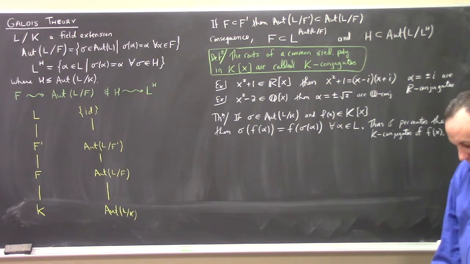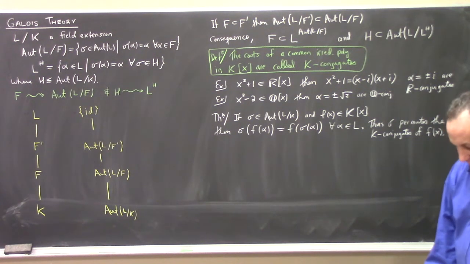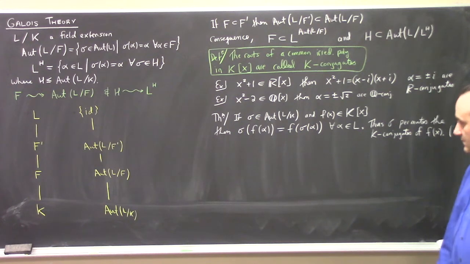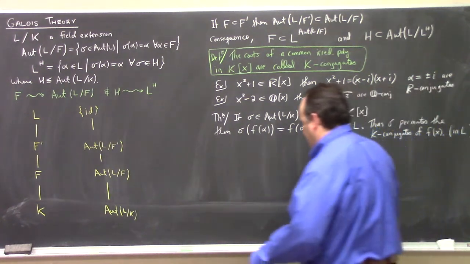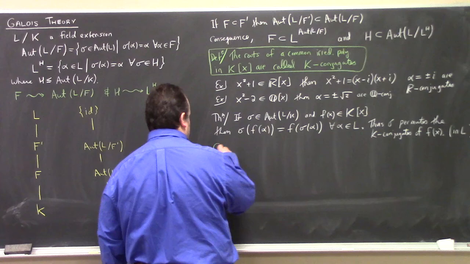Anyway, and the corollary 2.5 is even more clear. It's just like the group L over K permutes the K conjugates in L. Maybe I should just write that. That's even clearer, easier to remember.